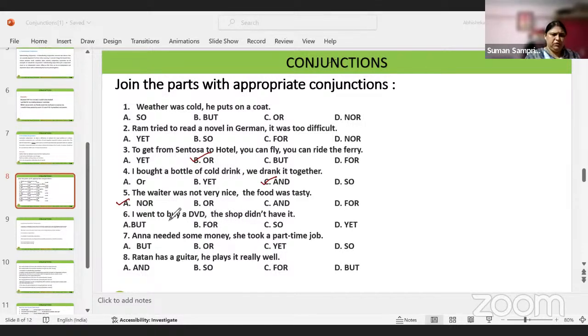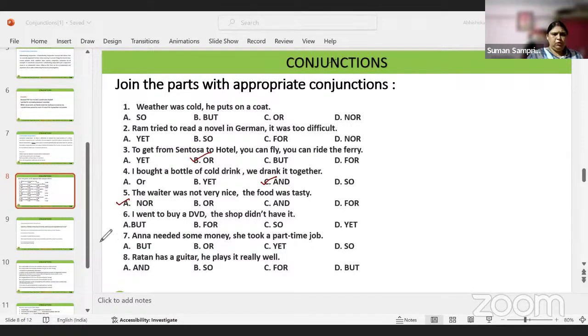Better for negative information. I went to buy a DVD. The shop did not have it. Okay. Anna has also mentioned the sixth one, 6A. Yes, correct.